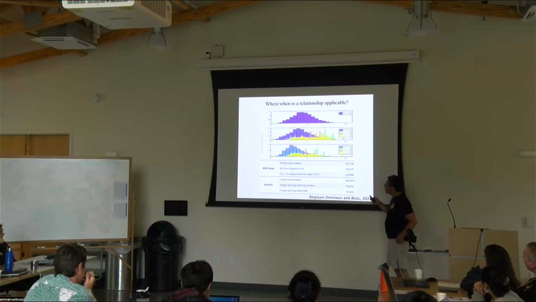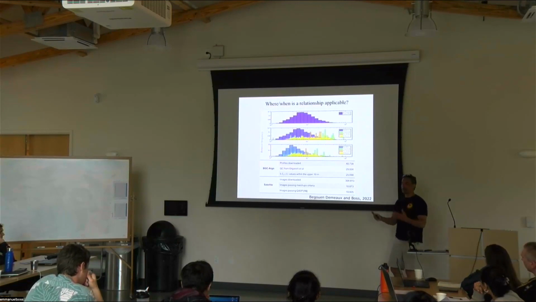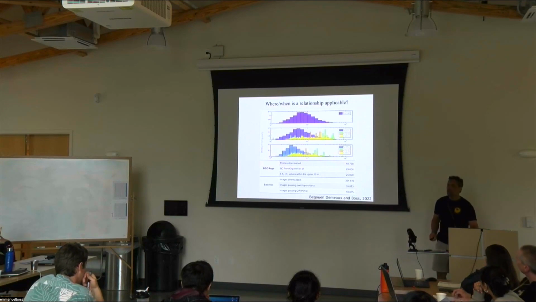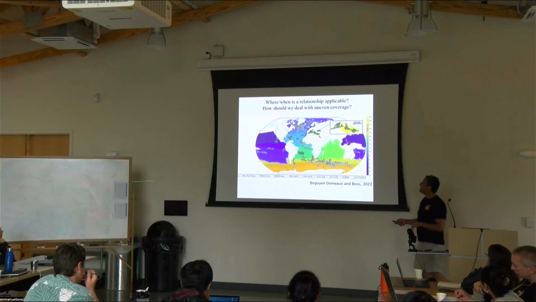And once you reduce it to match up with satellite, she was down to 10,000, 11,000 match-ups with satellite that you could work with to derive algorithms. We're starting to get a lot of data, maybe not enough, but much more than there was to derive algorithms with. And this is the distribution.